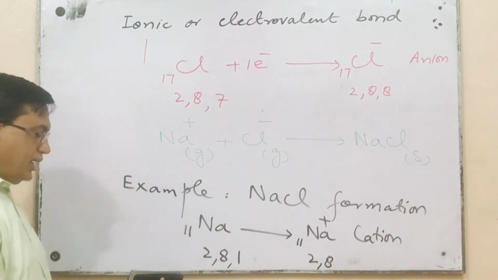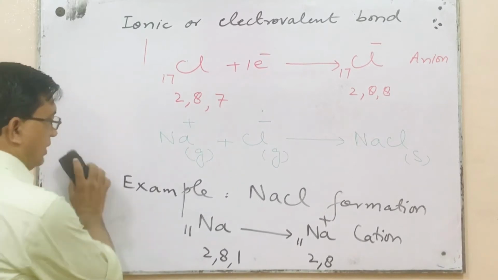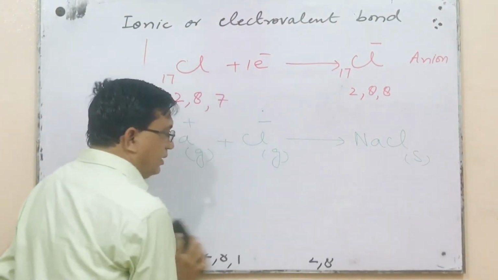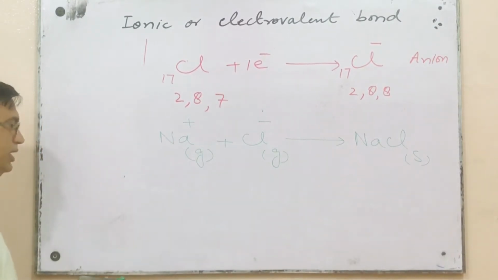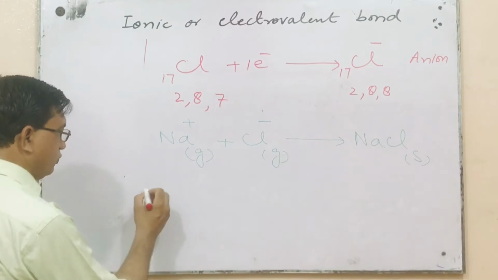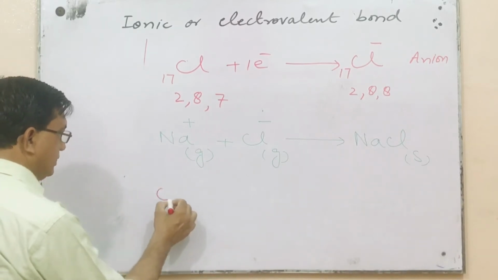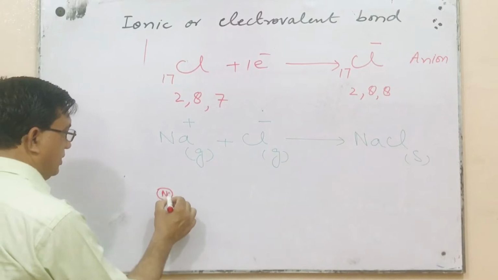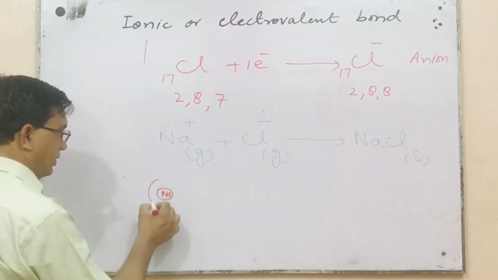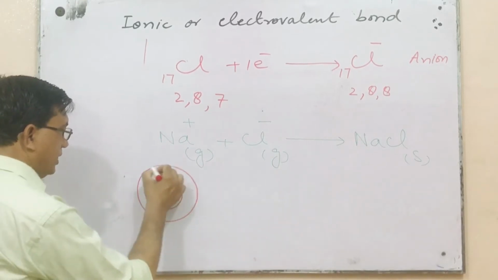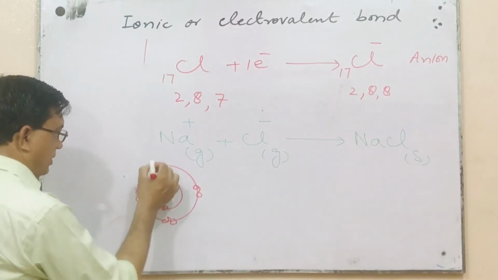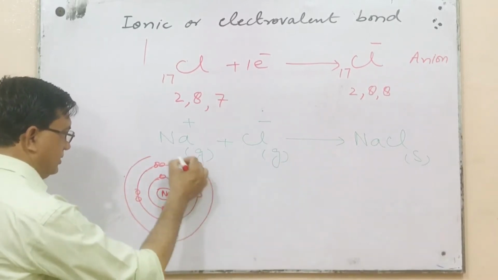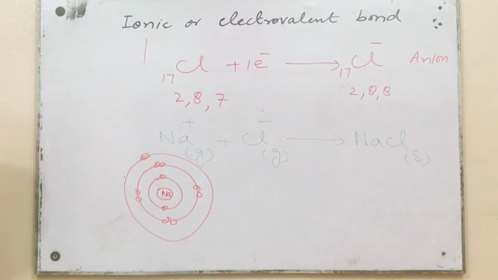Now, if we draw the electronic configuration, it can be represented as, for example, in case of sodium, this is sodium nucleus. First shell contains 2 electrons, second shell contains 8 electrons, and third shell contains 1 electron.